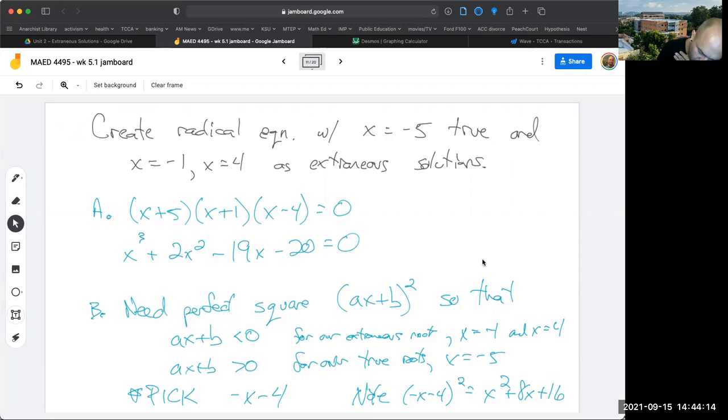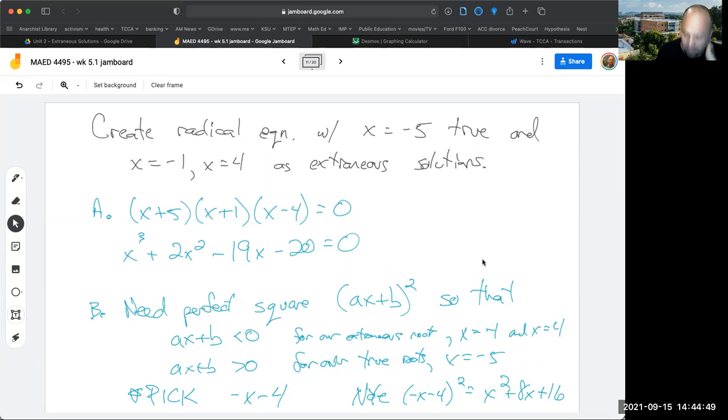So step C says, let's add that perfect square to both sides of the previous equation. So I had x cubed, and when I say previous equation, I mean that cubic that had the 3 solutions we wanted, right? Plus 2x squared minus 19x minus 20 equals 0. I'm going to add x squared plus 8x plus 16 to both sides. On this side, I'm going to write it this way.